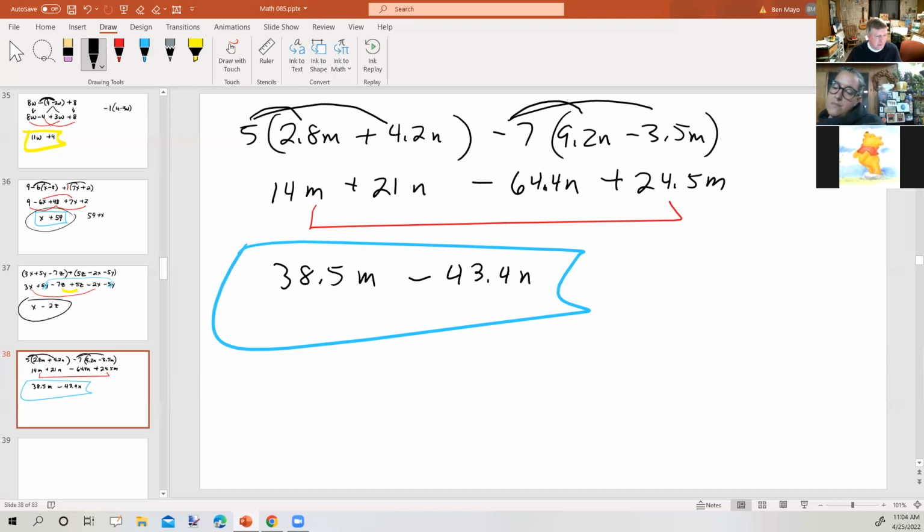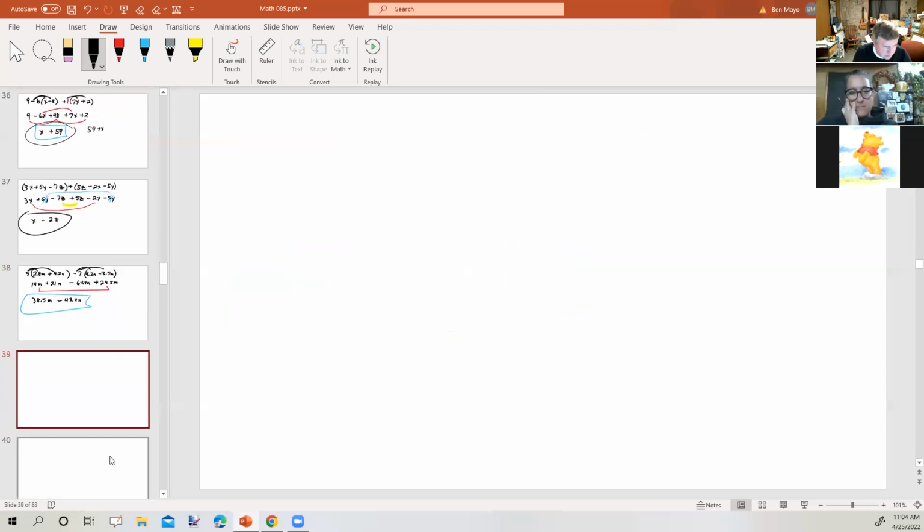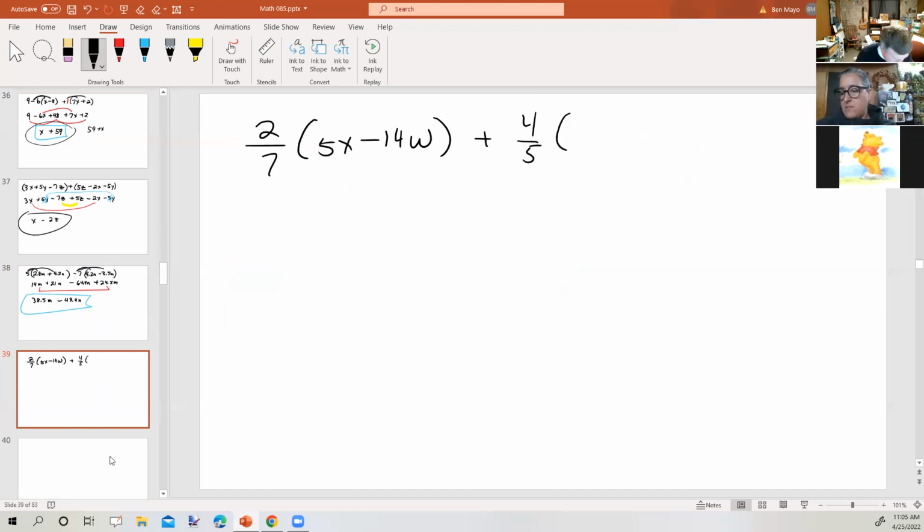All right. Let's take a look at this one. 2/7 times the quantity 5x minus 14w plus 4/5 times the quantity 15x minus 7w.